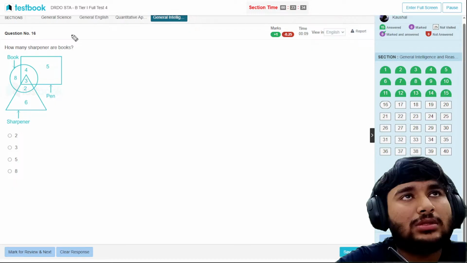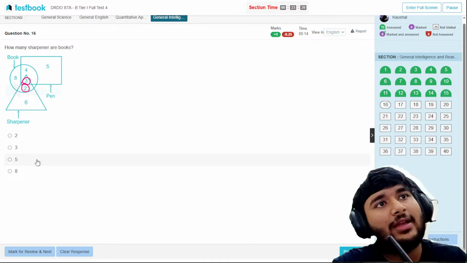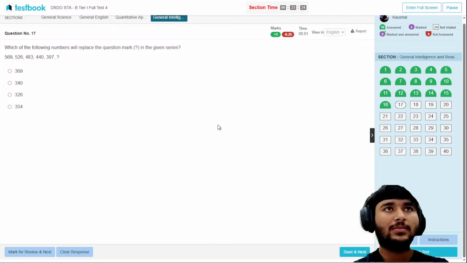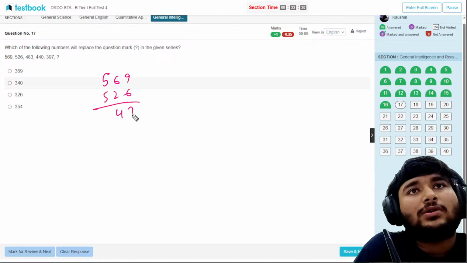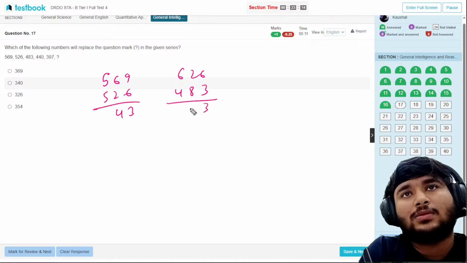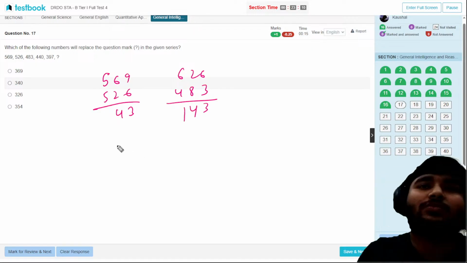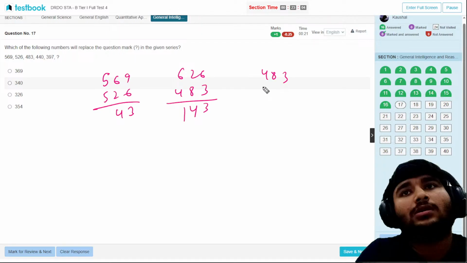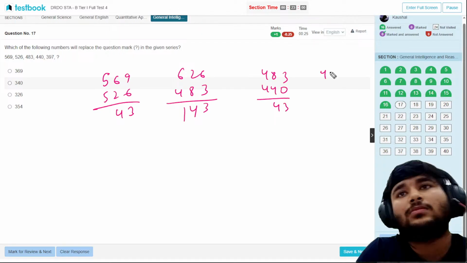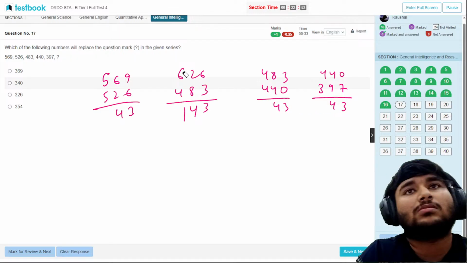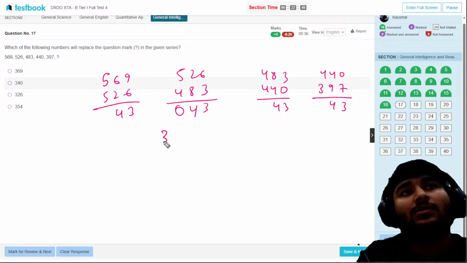Only books. 2, 3, 5. पेन भी है. 569 526 43 526 483 3. 4 143. 397 minus 43.